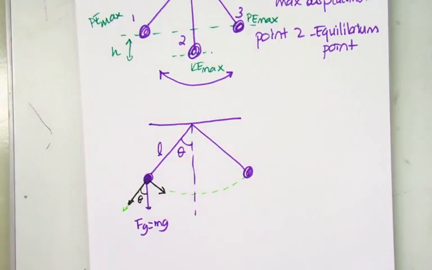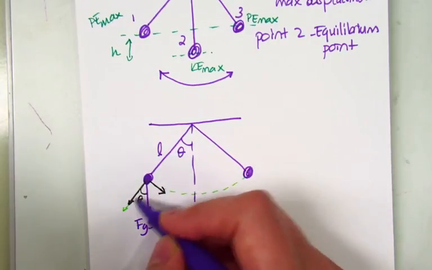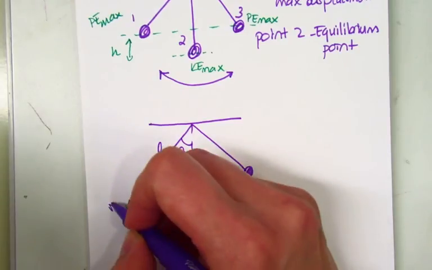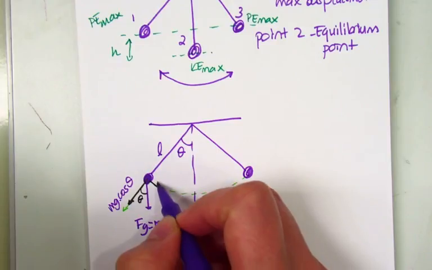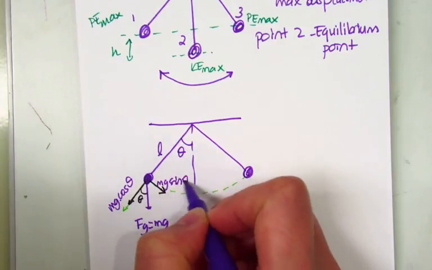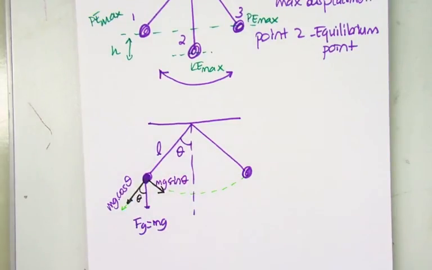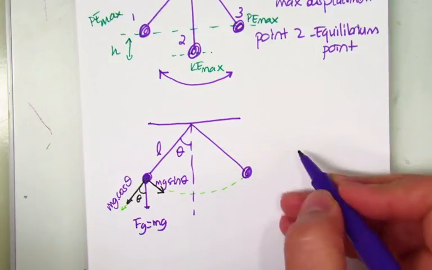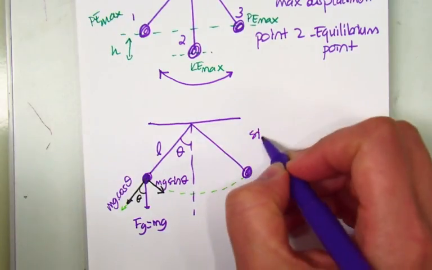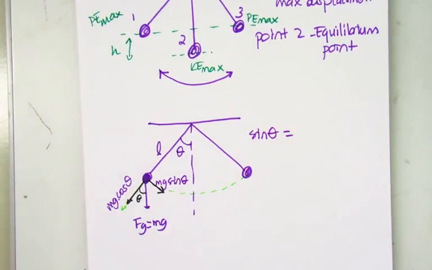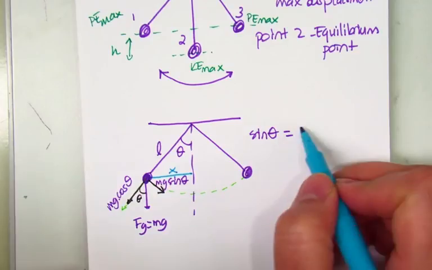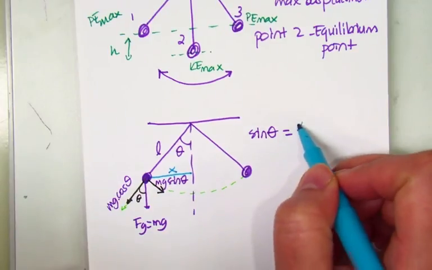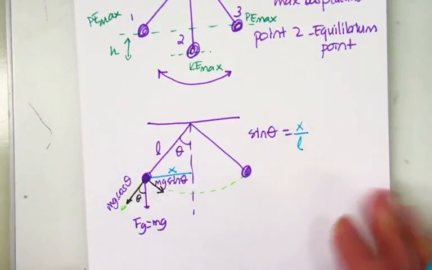Okay? And then if you look at this one, this is going to be mg times cosine theta, and this is going to be mg times sine theta. So sine theta, if you look at this triangle, and if you call this x, it's going to be opposite over hypotenuse.